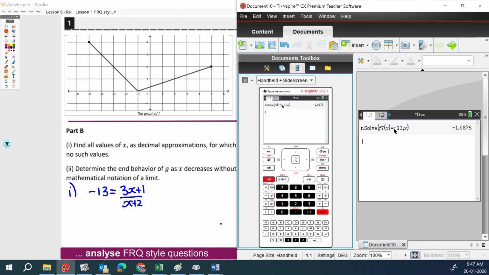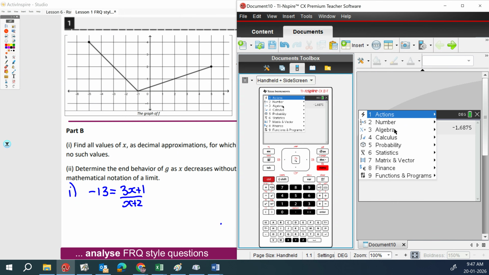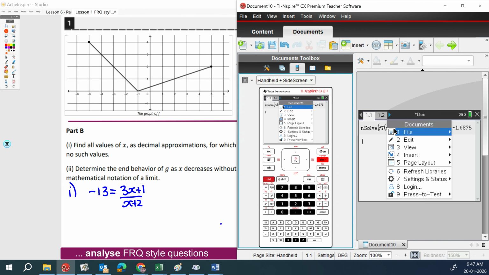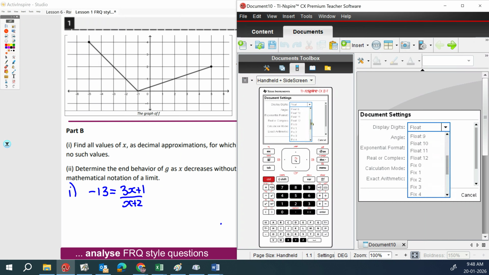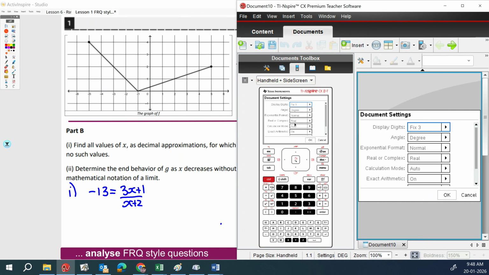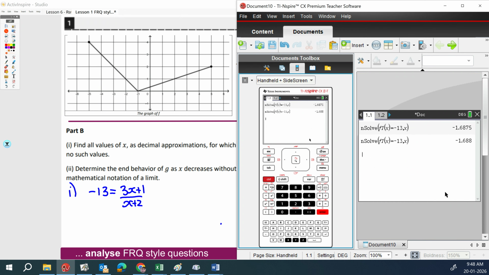If I round up from that number, notice that 5 could have been pre-rounded, so I can carry a rounding error forward twice. So it's best just to press document settings and change this from float into fix 3. Like minus 1.688. This is the answer I have.